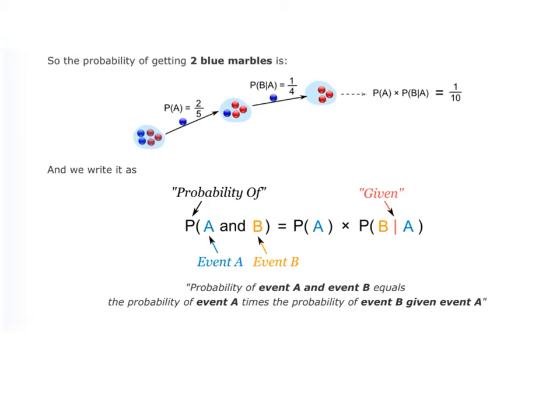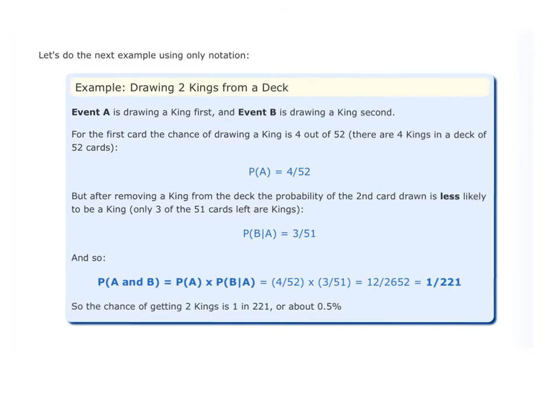Probability of event A and event B equals the probability of event A times the probability of event B given event A.